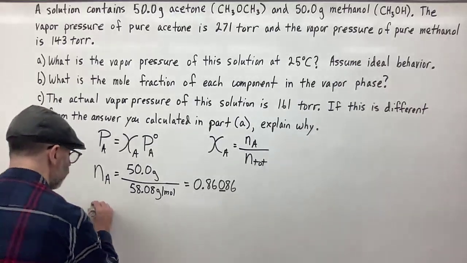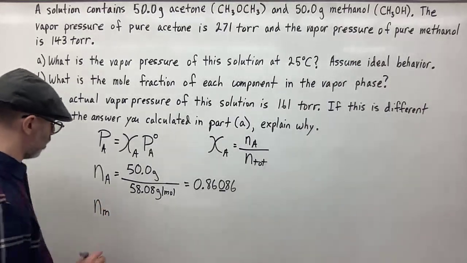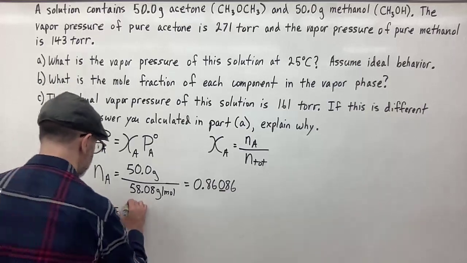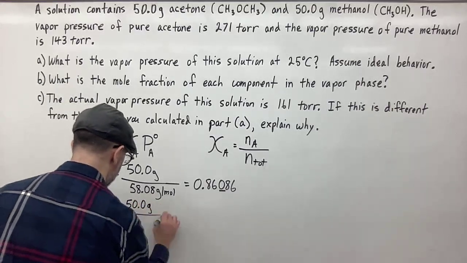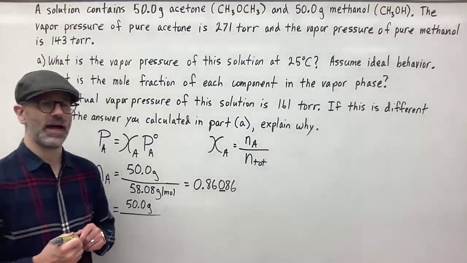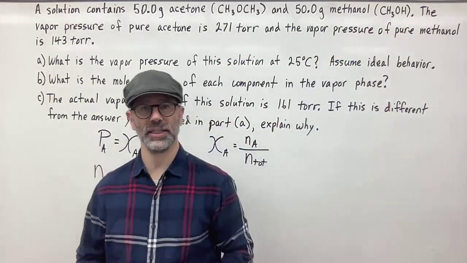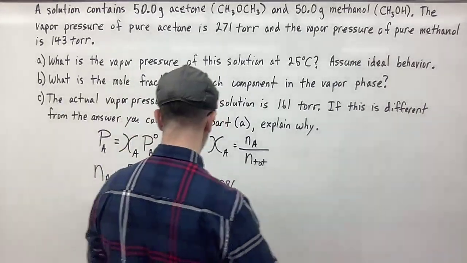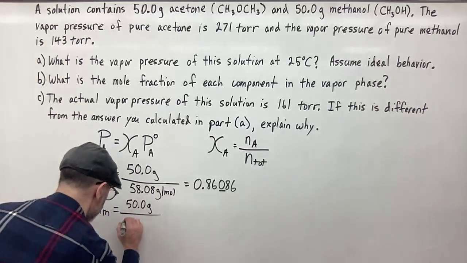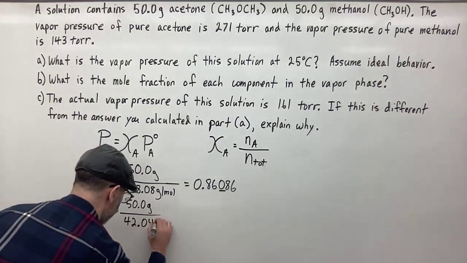Now for the moles of methanol, so n sub M, M for methanol. They give me again 50 grams of the methanol, and I'm going to divide that by the molar mass of methanol. And again, they give me the formula for methanol, so I can calculate the molar mass. And when I do that, I get 42.043.